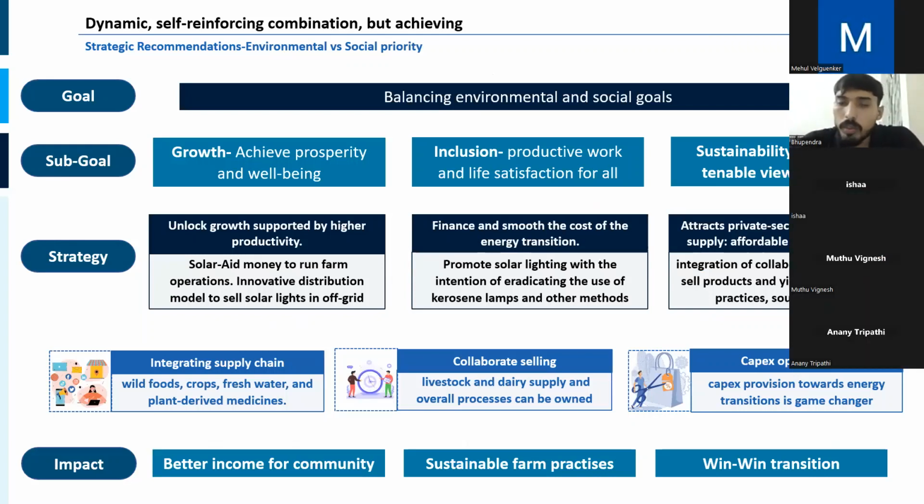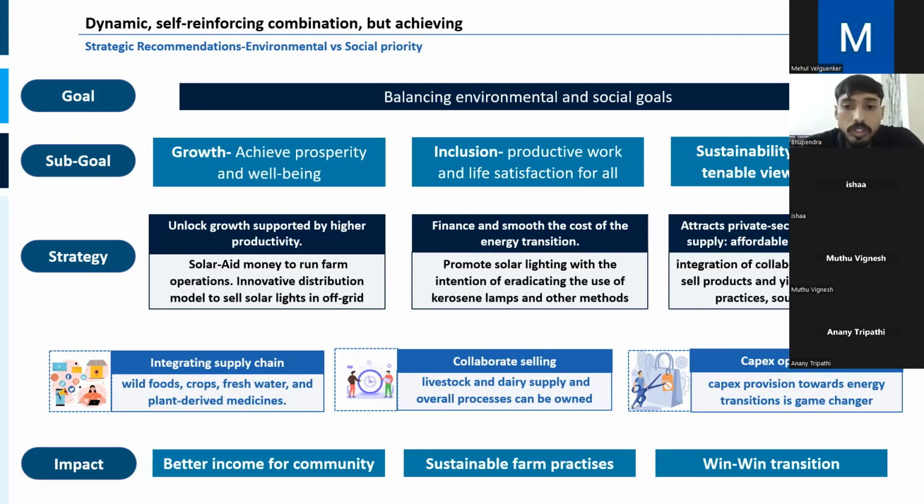Yes, the next problem Green Horizon was facing was balancing their environmental and social goals. Going through the case study, we saw that they were not able to manage these goals because some communities were prioritizing economic development over sustainable practices, as revenue was not being generated through sustainable practices by Green Horizon.